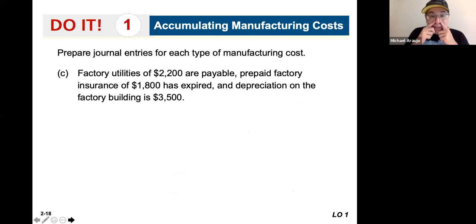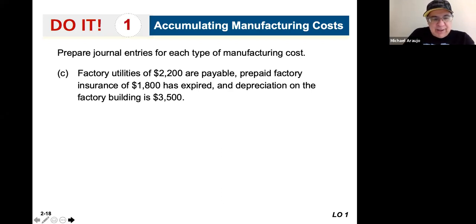All right, the last one we look at here is manufacturing costs. And here we have a bunch of things that we have to look at. We have factory utilities of $2,200. Prepaid factory insurance of $1,800 has expired, and we have depreciation on the building of $3,500.